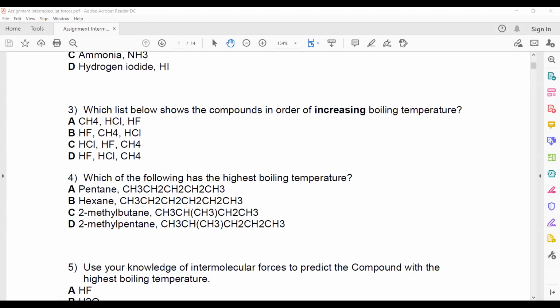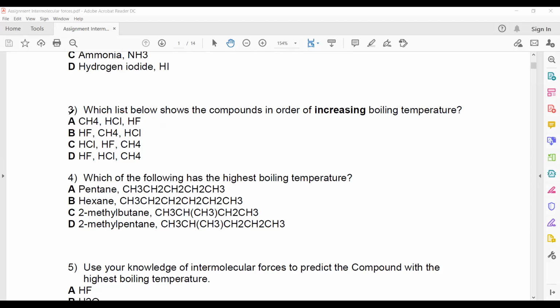So what we need is the increasing order. CH4 will have induced dipole, then HCl, then HF. So this order is correct. So A is the right answer.